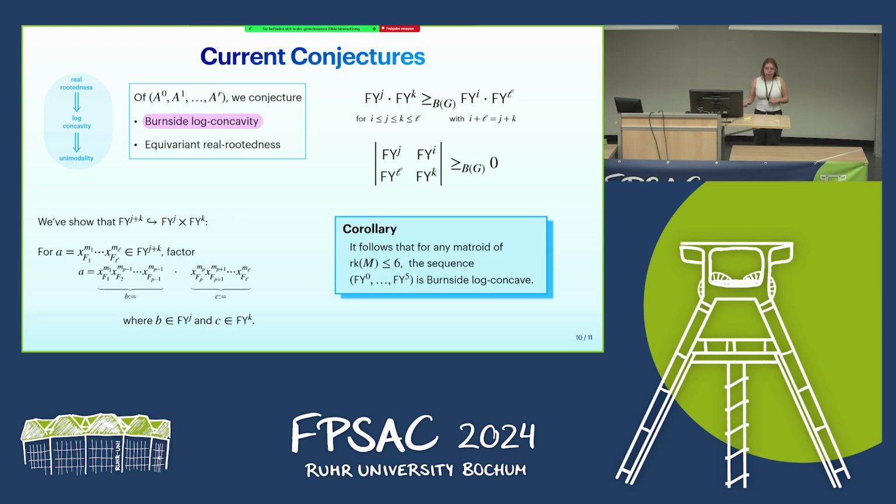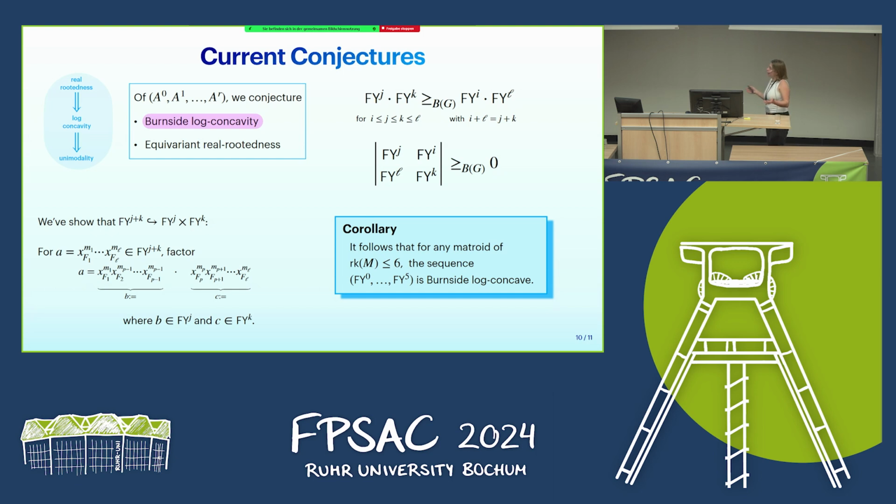So using our results and the concept of factoring, we can show that if I have a monomial in the J plus K degree, I can always map it into the set of monomials of degree J and the set of monomials of degree K, perhaps unsurprisingly.